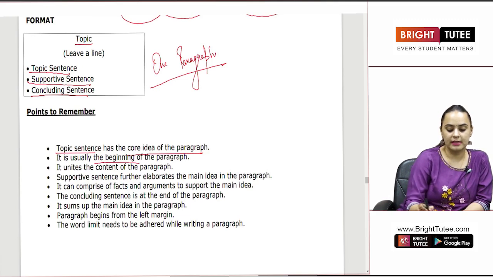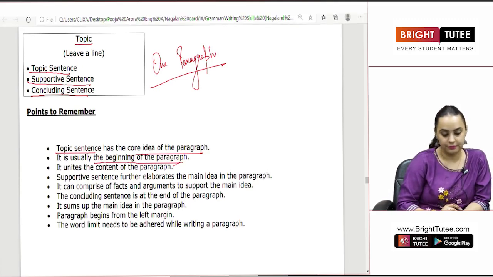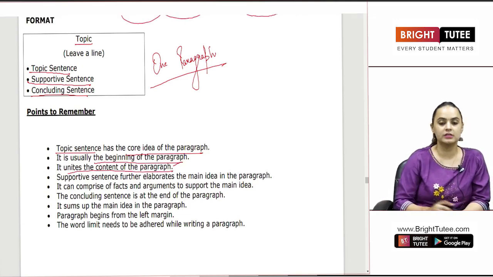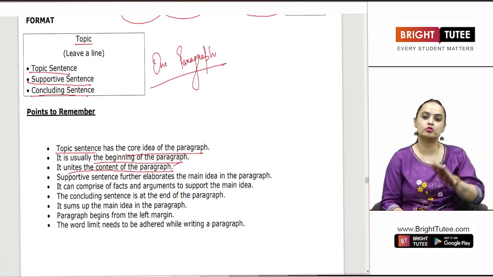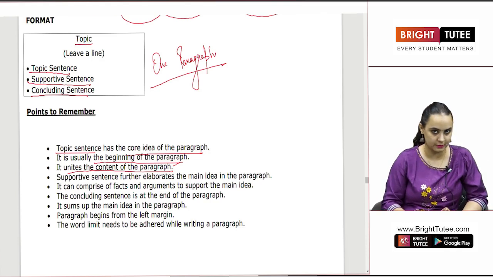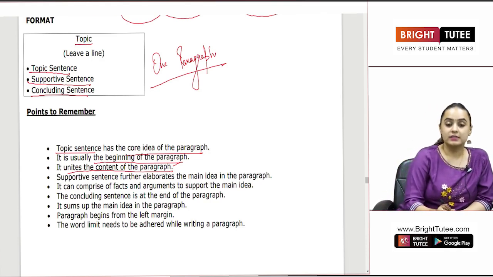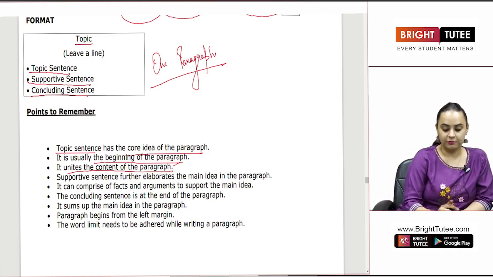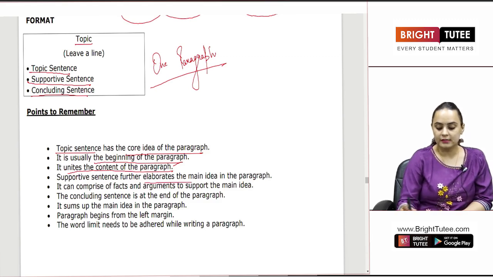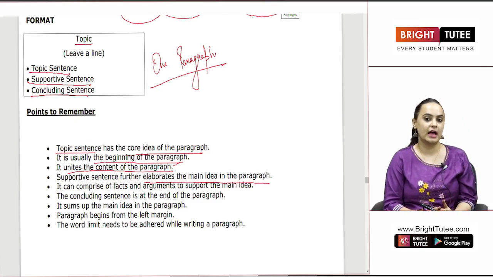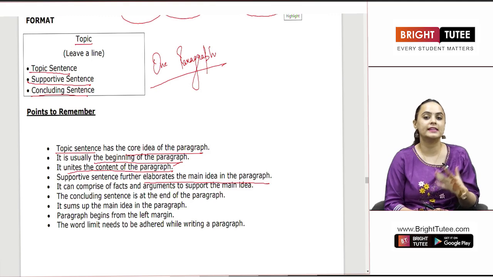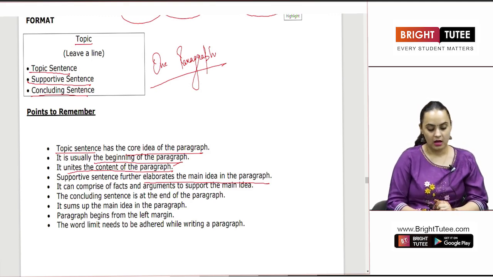It is written at the beginning of the paragraph. It unites the content of the paragraph. So your topic sentence is what is going to tell us what the whole paragraph will be about. Your supportive sentences will further elaborate the main idea in the paragraph. So the main idea that we have in the paragraph, we are going to write that in detail.